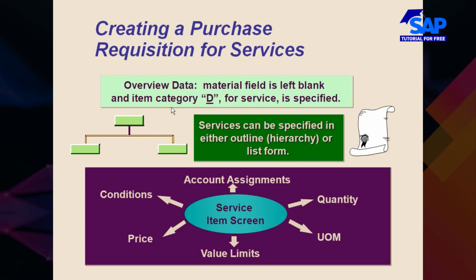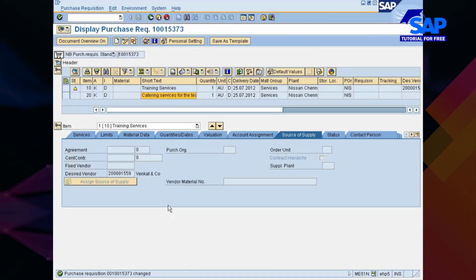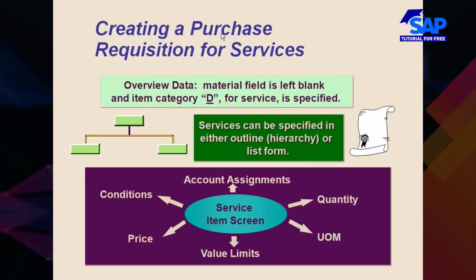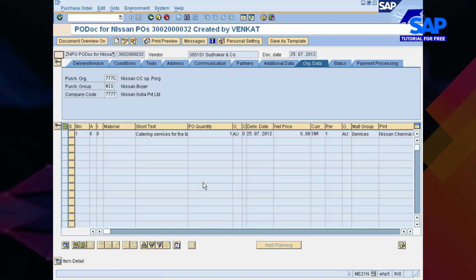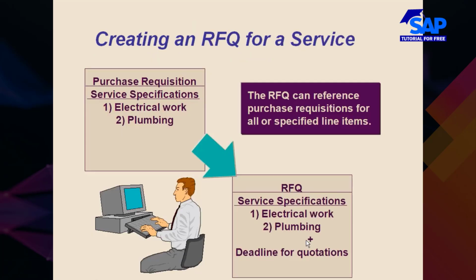And you can see here, item category to be used for service materials is D. And that's what I have used in my service, isn't it? I have to use account assignment, so therefore I have used account assignment. And in case of purchase order, I have to specify the service conditions, the price, the value limits which I have seen, and even the unit of measure also.